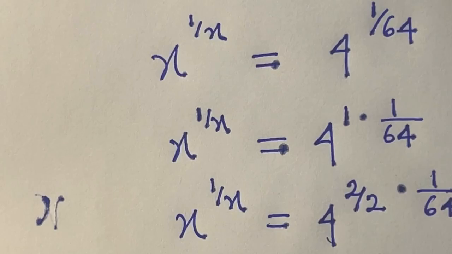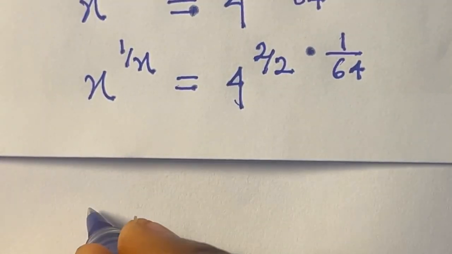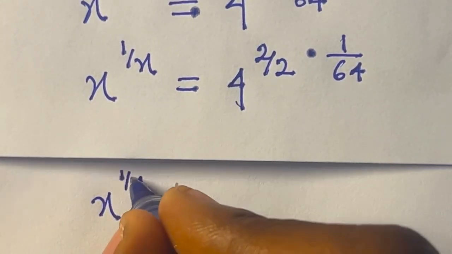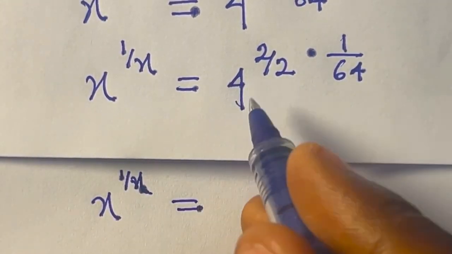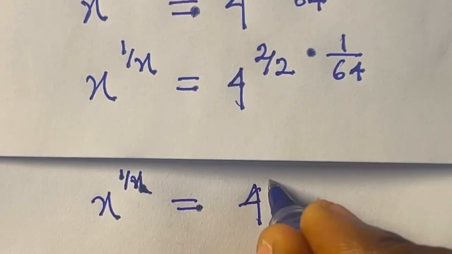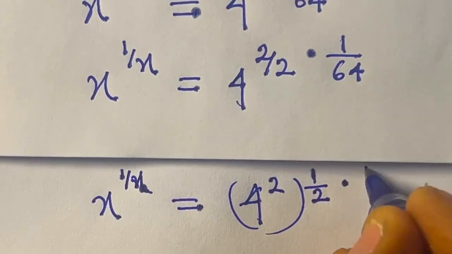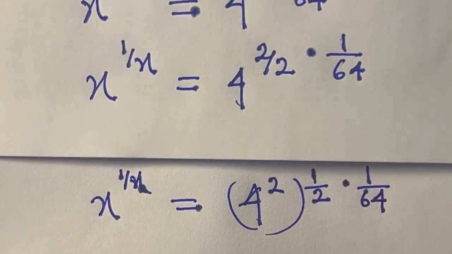All right. So we are going to have x raised to the power 1 over x equals 4 raised to the power 2, then raised to the power 1 divided by 2 multiplied by 1 divided by 64.